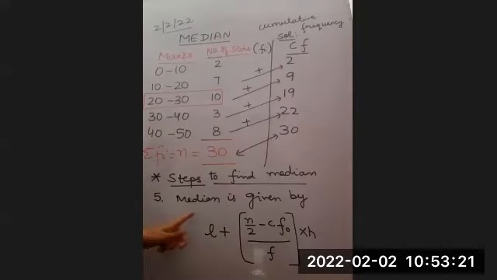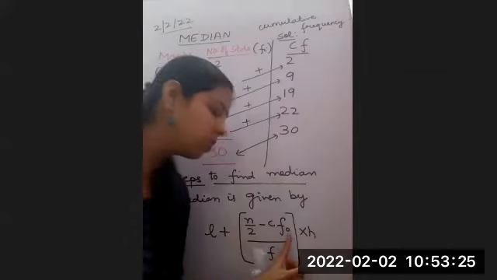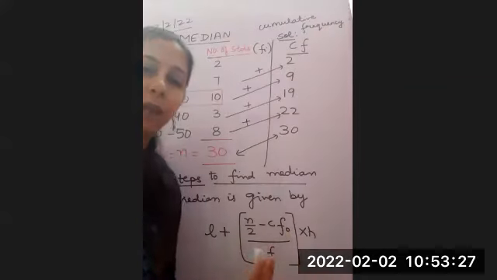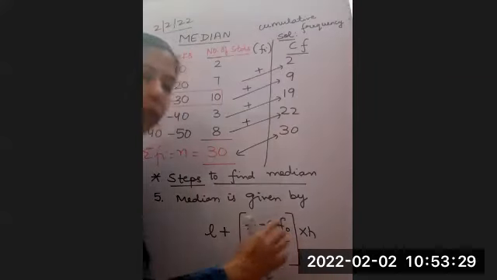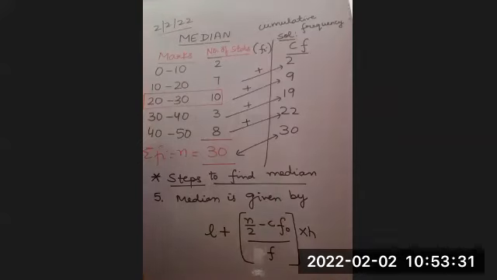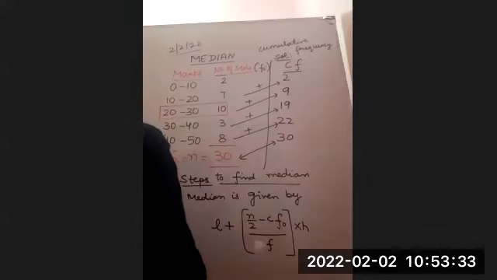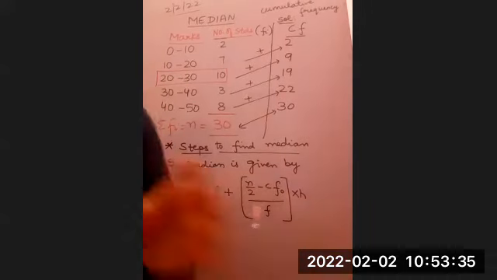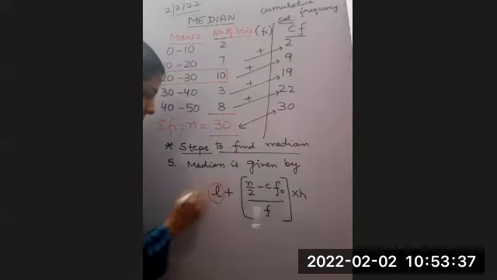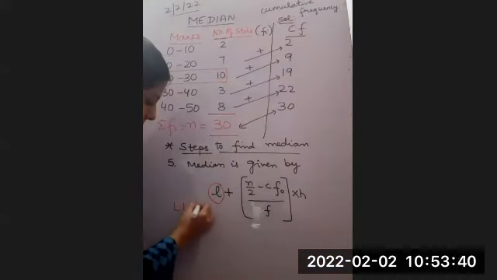Yes. So median is given by L plus, this is the formula. In your NCERT book, it is not CF naught, but only CF. I have put this CF naught for clear understanding. Now you know what is L. Just like mode, L is the lower limit of the median class.